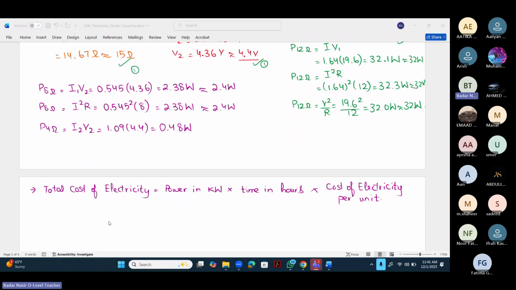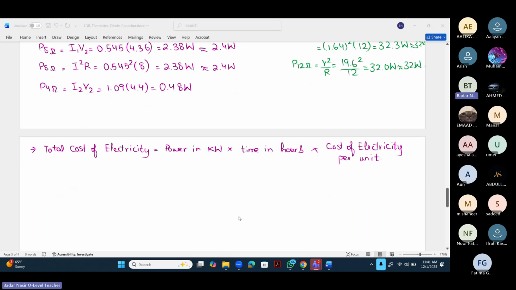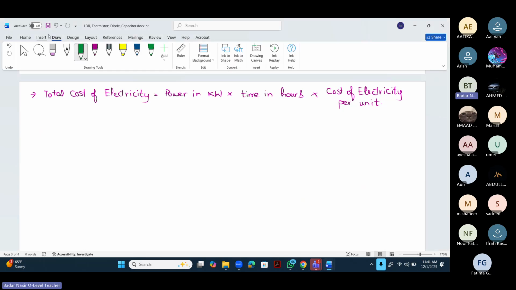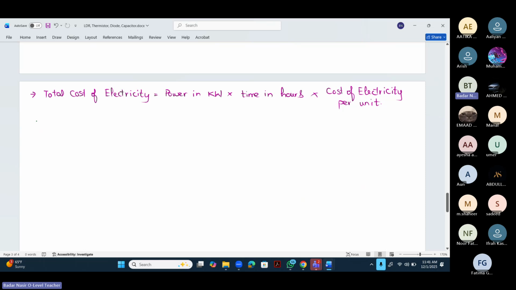Acha. So this is the formula to calculate the total cost of electricity, power in kilowatt times time in hours times cost of electricity per unit. So let's just do a question ताकि हमें पता लगे कि एग्जाम में हमसे कैसे पूछेगा.